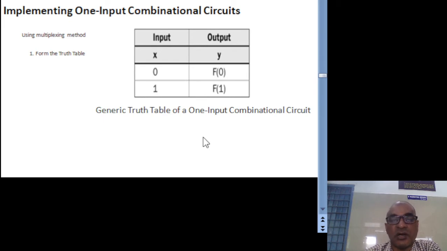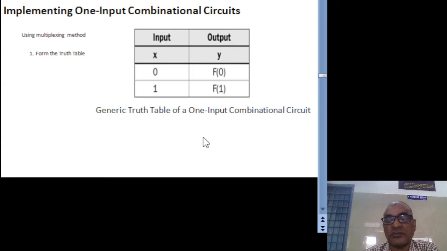So how to realize this? In the realization, as I said, the lookup table includes RAM and multiplexers. Now the size of the RAM here is 2 locations, 2 1-bit storage units.